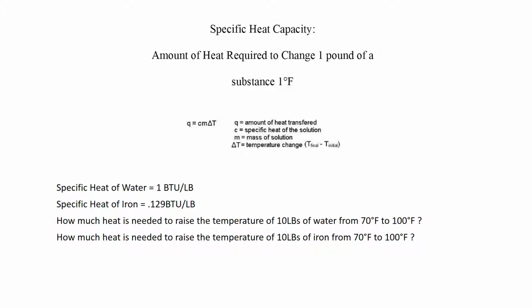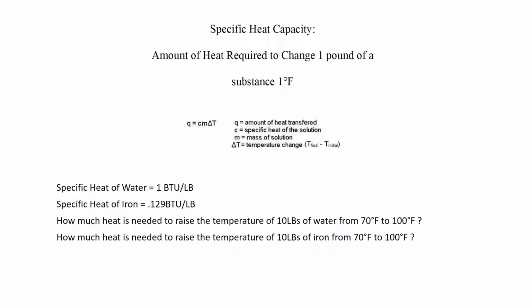The reason there is a different number is because even though ice is made of water, it is no longer in the liquid form. It is considered a solid. In the chart, the specific heat of iron is 0.129 BTUs per pound. To change the temperature of iron 1 degree Fahrenheit, you only need 0.129 BTUs per pound.